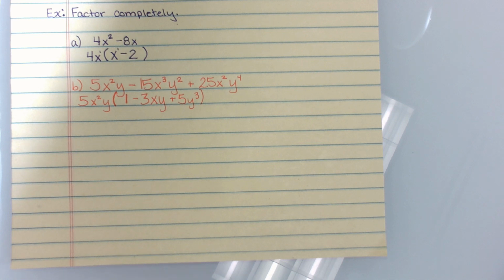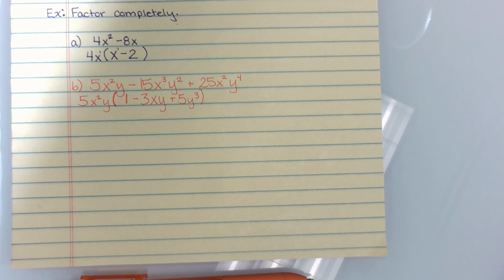I talk about that because this is not in the right order, which I could rearrange, or I just at least have to recognize that written in the right order, I'd have a positive 5y cubed, a negative 3xy, and a positive 1. So the structure of this is some number in front of y cubed minus some number in front of xy plus some number.